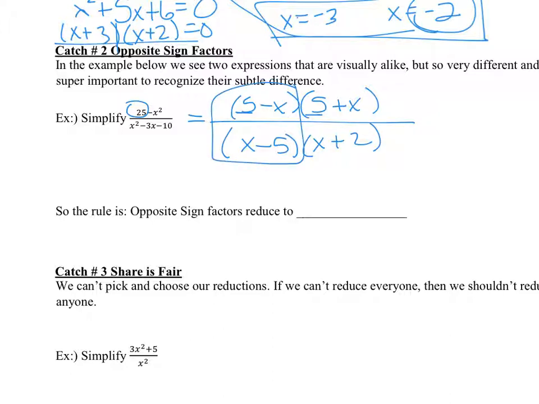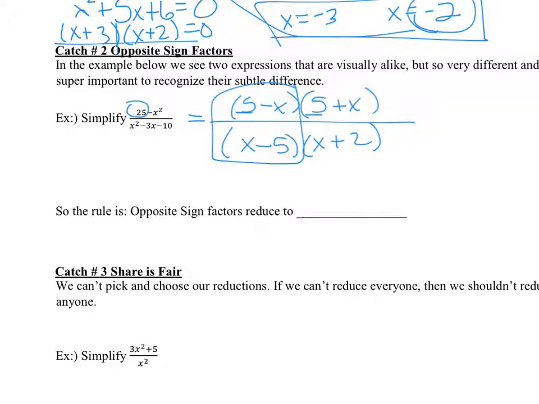I want them to work. They need to be the same, but they are not the same. Their signs are opposite. So this 5 right here is positive. This 5 right here is negative. This sign right here is negative, and this x is positive. So the signs are opposite.